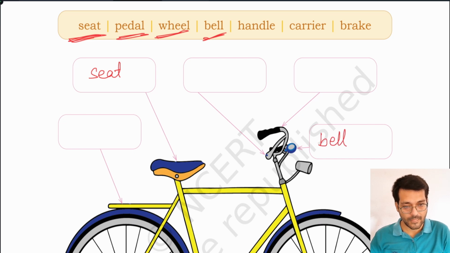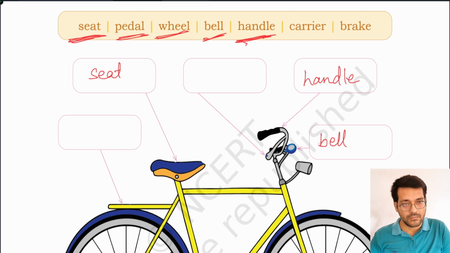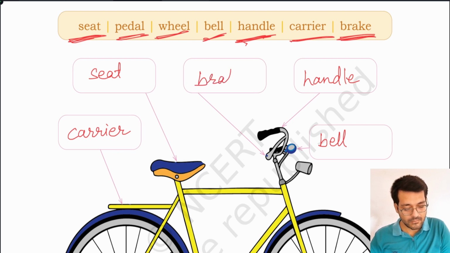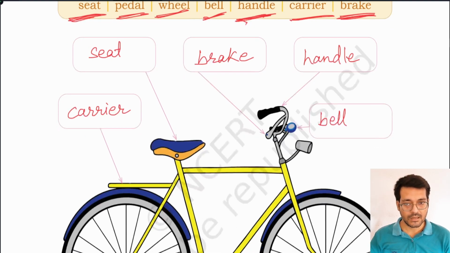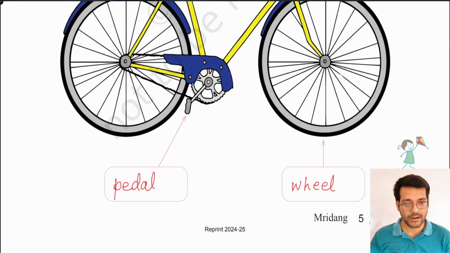Handle, this is handle. Carrier, you may see carrier behind, to carry something. The most important thing is brake. You can see brake here. Kindly see the things there: seat, carrier, brake, handle, bell, pedal, and wheel.